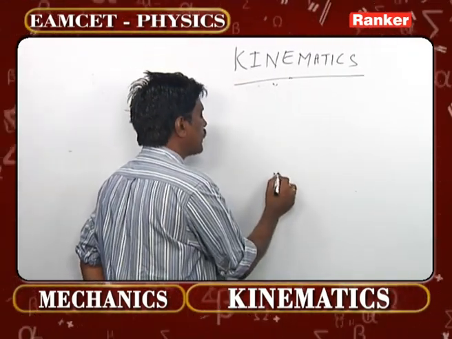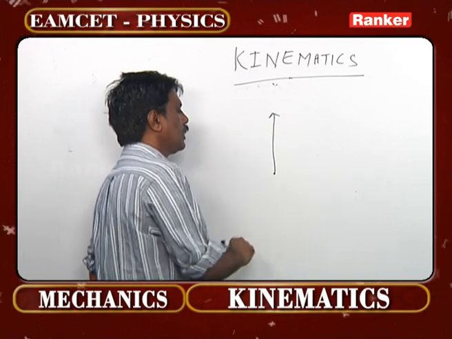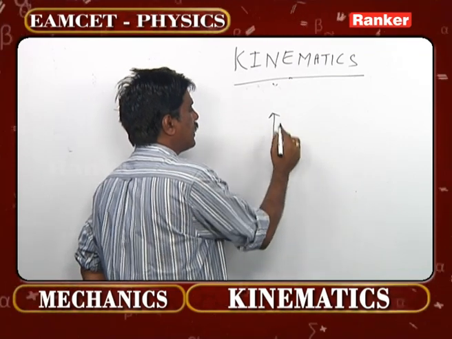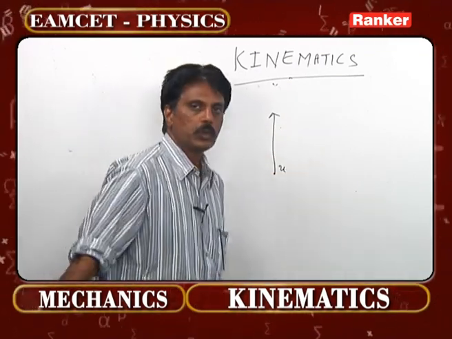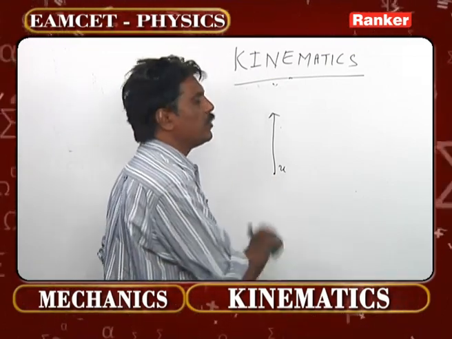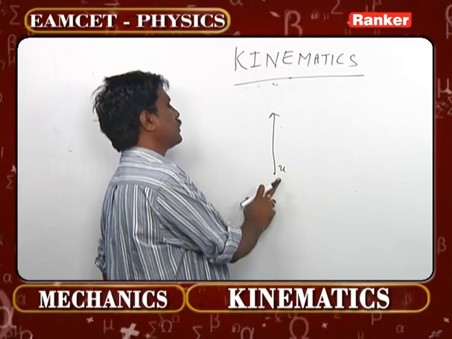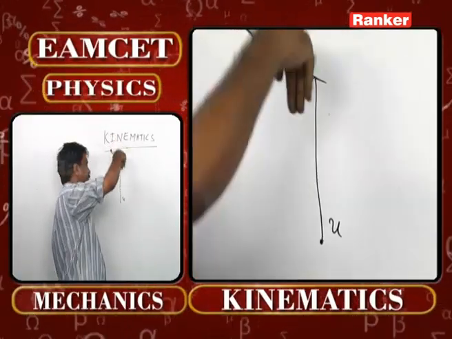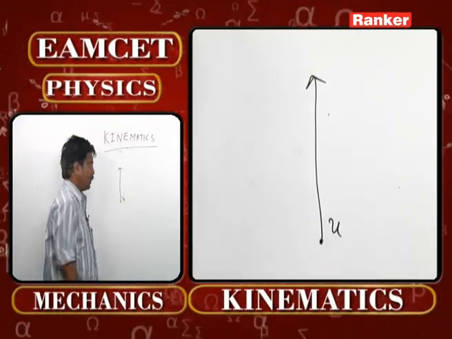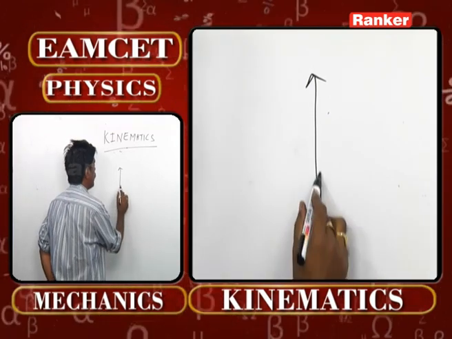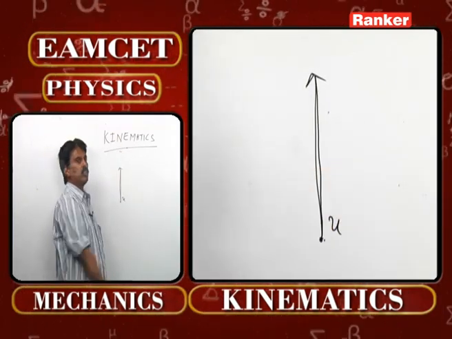Now, if a body is projected vertically upwards with initial velocity u, here also we can apply one-dimensional equations with a small change. Here initial velocity is u upwards, g is downwards. Initially, as it is moving upwards, its displacement is also upwards.